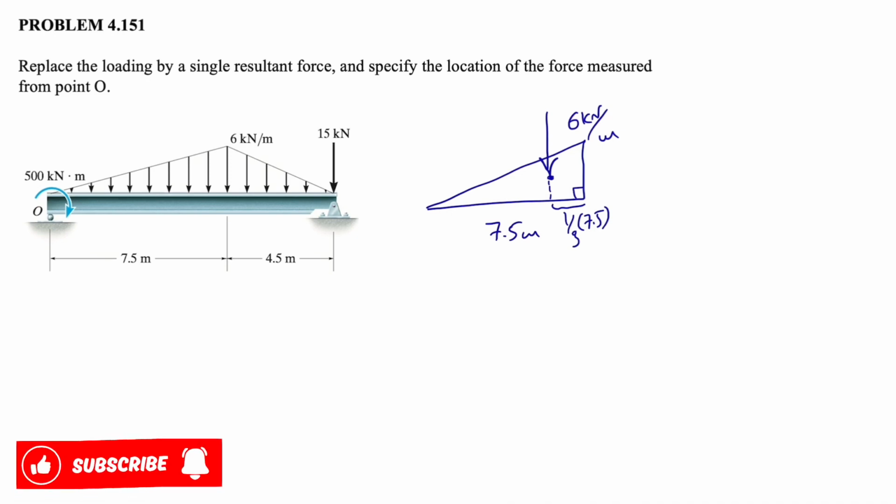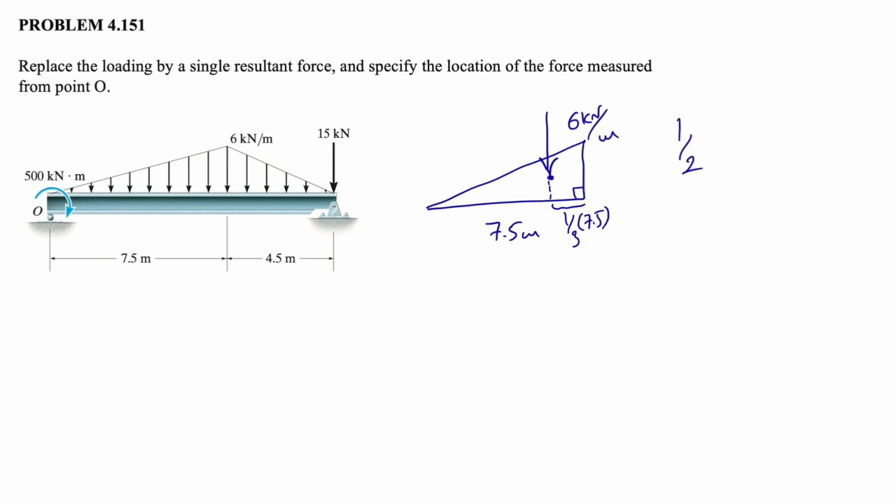For finding the force, we simply have the area of this triangle, which is 1 divided by 2 times 6 times 7.5, and this gives us 22.5. That's for the left triangle, and we'll have the same thing for the right one.